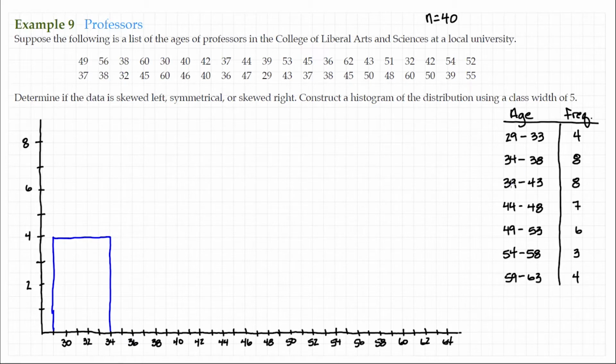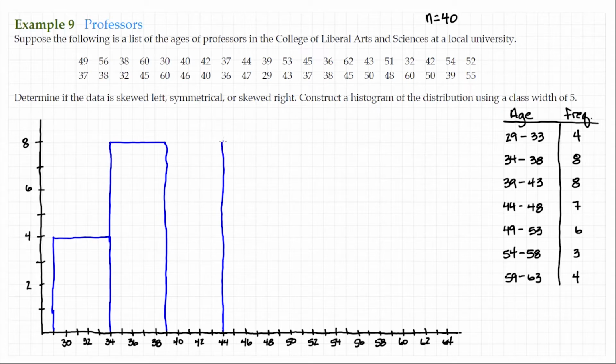Between 34 to 39, there were 8. 39 to 44, there were 8. 44 to 49, there were 7. 49 to 54, there were 6. 54 to 59, there were 3.